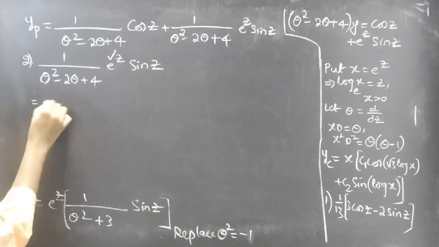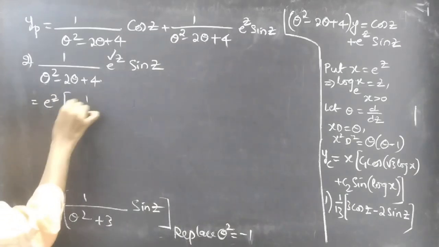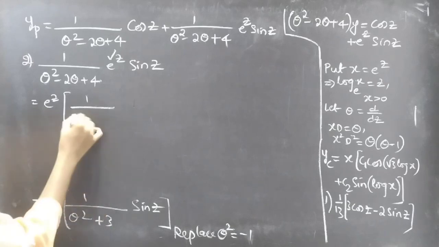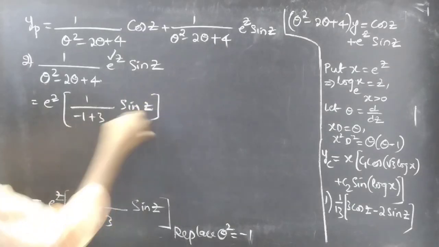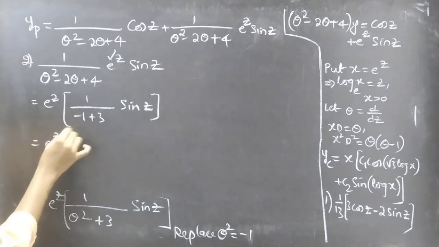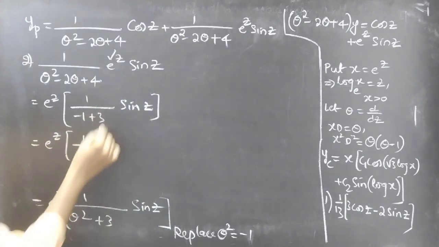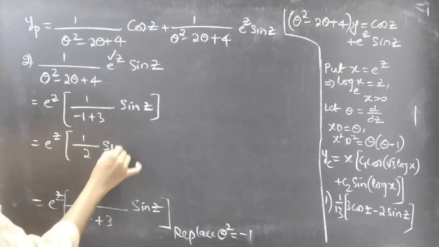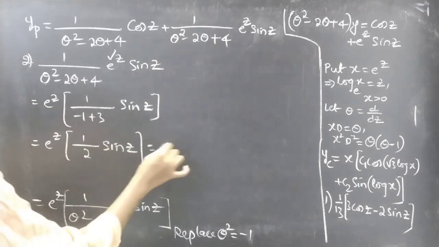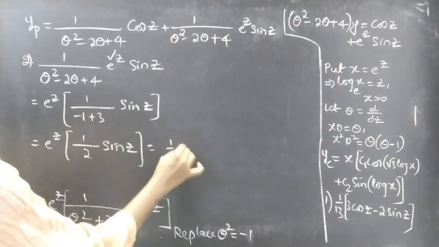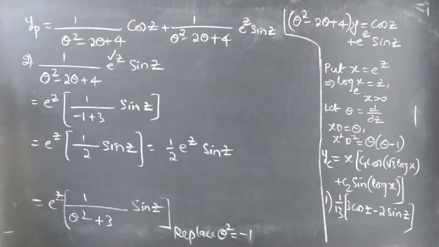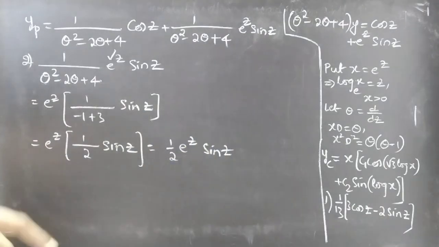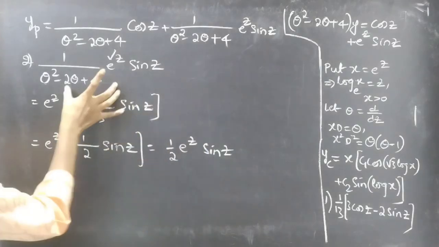This becomes e power z into 1 by minus 1 plus 3, into sine z, which equals e power z into 1 by 2 sine z, which equals 1 by 2 into e power z sine z. So this is the result obtained from the second term.